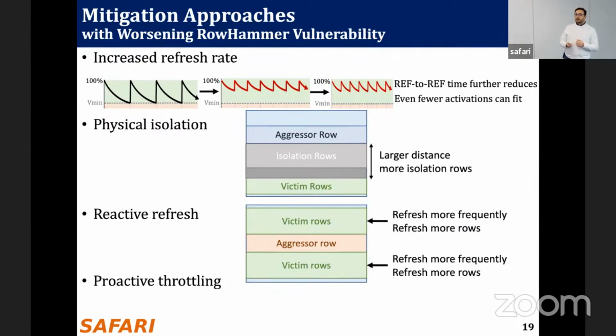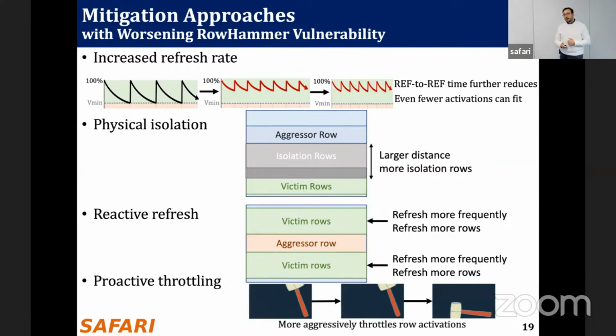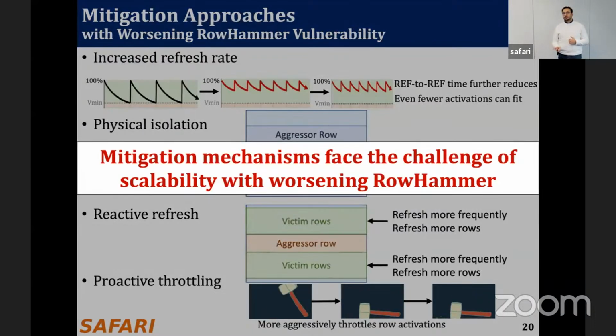And for the reactive refresh mechanisms, you need to refresh rows more frequently, and also you need to refresh more rows. And for proactive throttling, you need to slow down the system even more. And I think it's clear that these mitigation mechanisms face the challenge of scalability with worsening RowHammer, because whatever we do, we either lose performance or memory capacity.